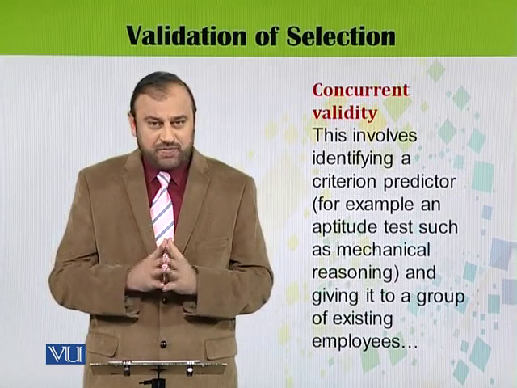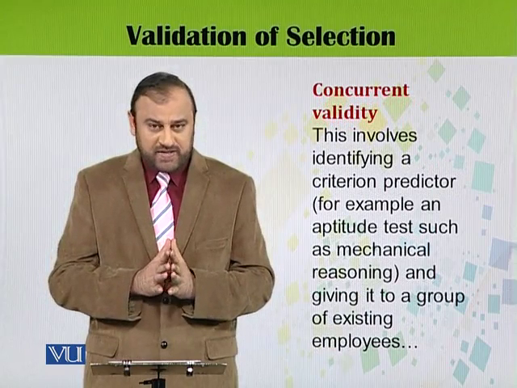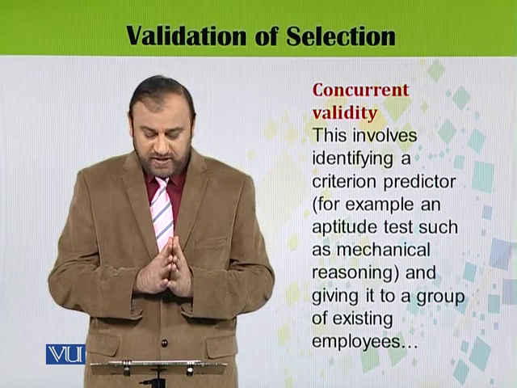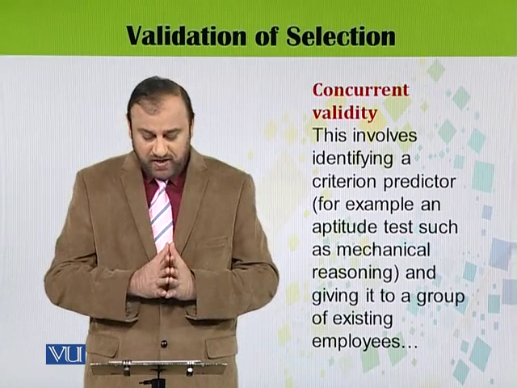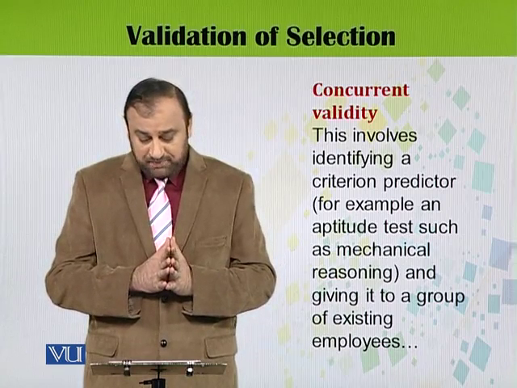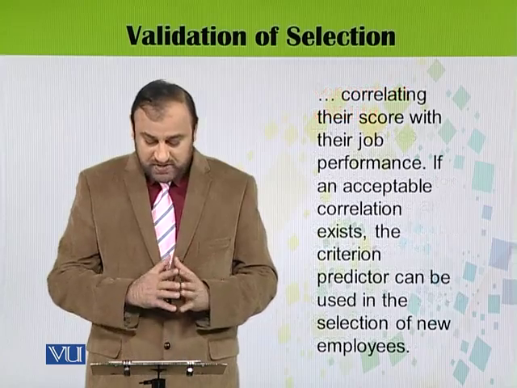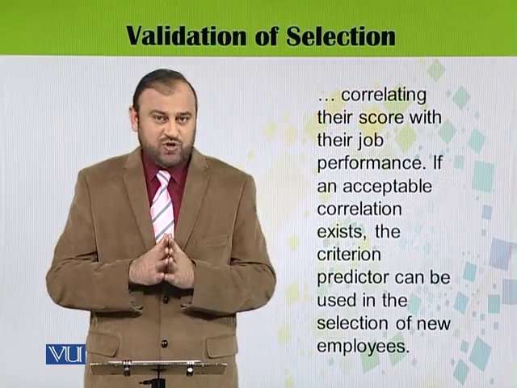Then there's another concept which is also important in validity, called concurrent validity. This involves identifying a criterion predictor, for example an aptitude test such as mechanical reasoning, and giving it to a group of existing employees, correlating their scores with their job performance.